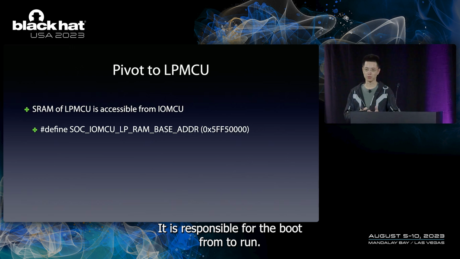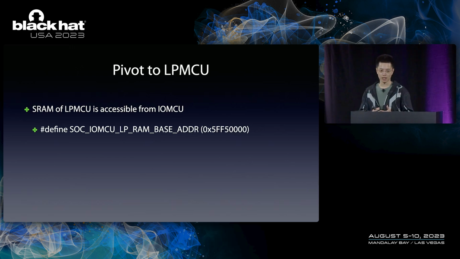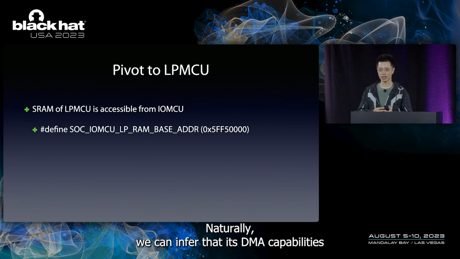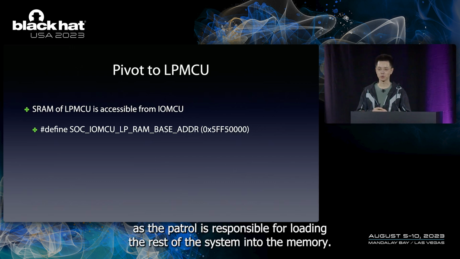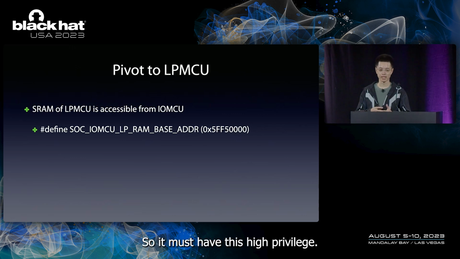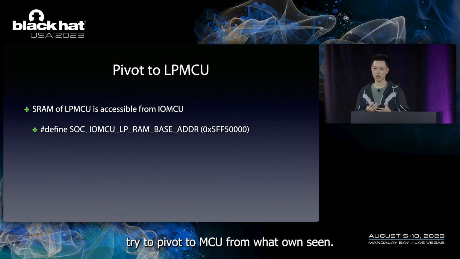It is responsible for running the boot ROM. Naturally, we can infer that its DMA capabilities are perhaps the most potent on the entire SoC, as the boot ROM is responsible for loading the rest of the system into memory, so it must have this high privilege. So let's again try to pivot to LPMCU from IOMCU.